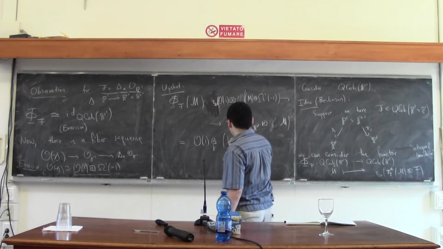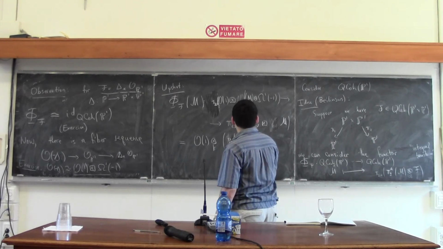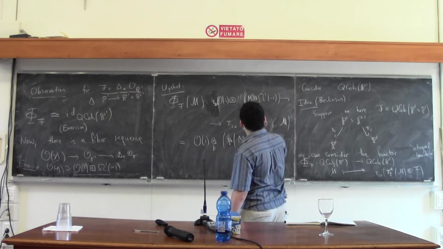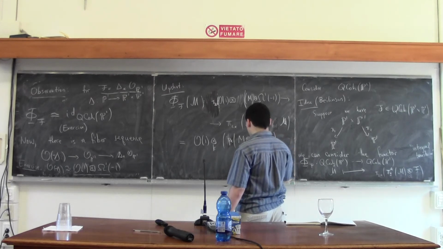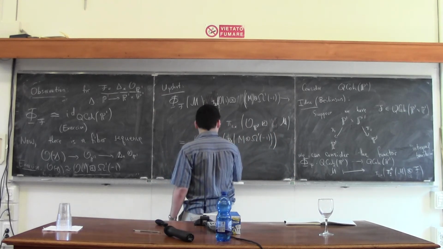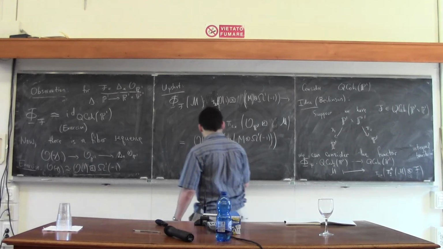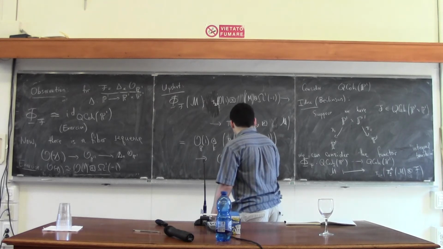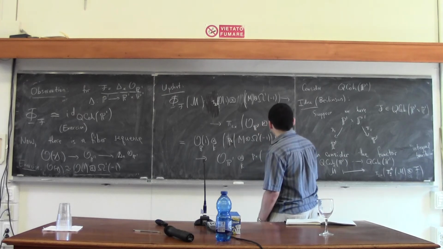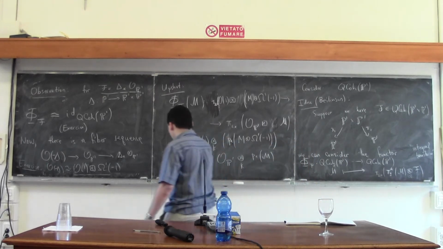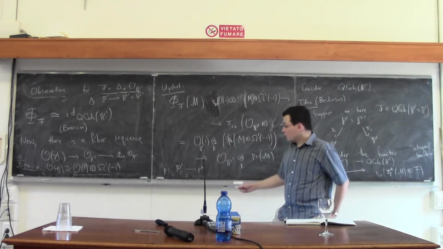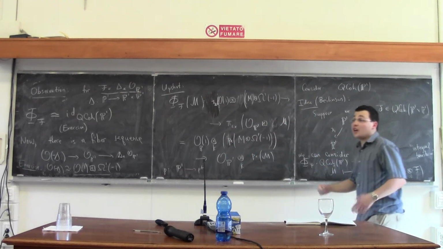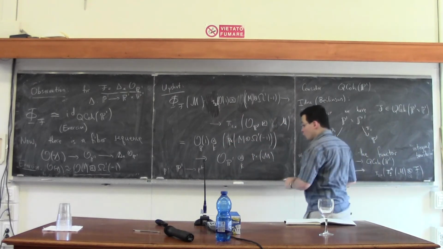Tensor. So P lower star of M tensor omega 1 minus 1, mapping to O of 1 tensor over K, P lower star of M. So P is just the map from P1 to a point. Another name for this is R gamma. So this is the global sections, the push forward to the point.